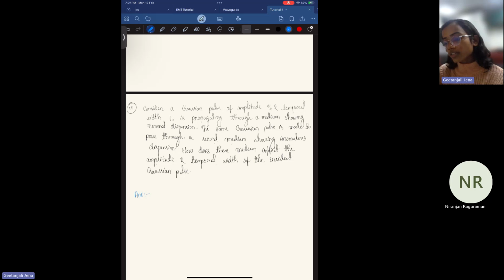The next problem is also a conceptual one. Consider a Gaussian pulse of amplitude psi 0 and temporal width T0 propagating through a medium showing normal dispersion.